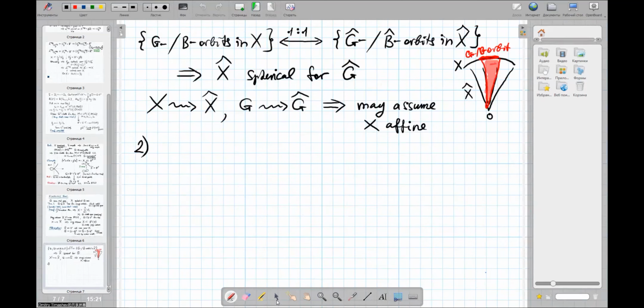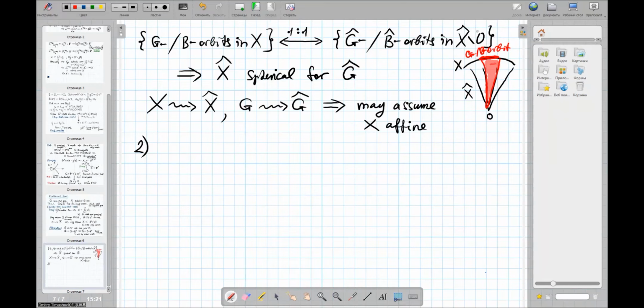You are right in the sense that there is a bijection between orbits in X and orbits of these hat groups in X hat without the origin. You have this origin to be removed in order to get this bijection. Okay? So the cone X hat contains the origin, but the bijection for orbits holds for this cone without the origin.